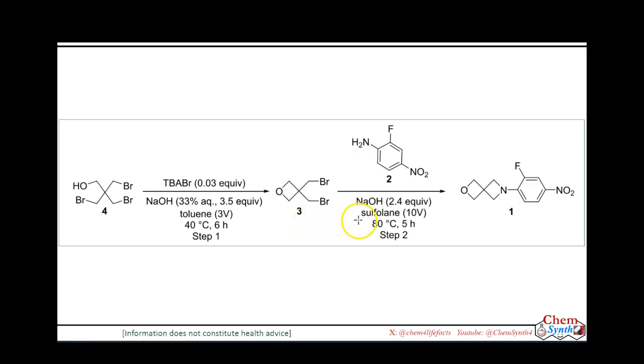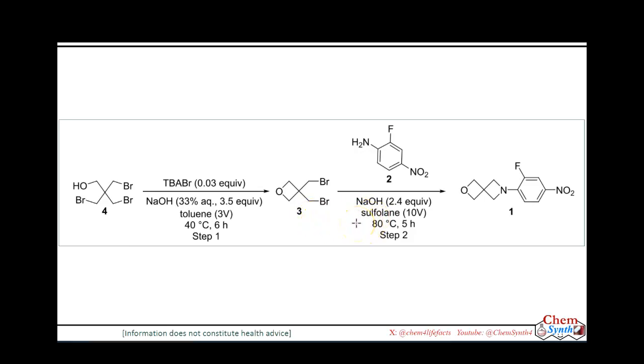So here you can see they have used sulfolane as the solvent. This is a high boiling liquid. So here is how they performed this reaction: they took solid sodium hydroxide in this sulfolane solvent, 10 volumes with respect to the starting material.